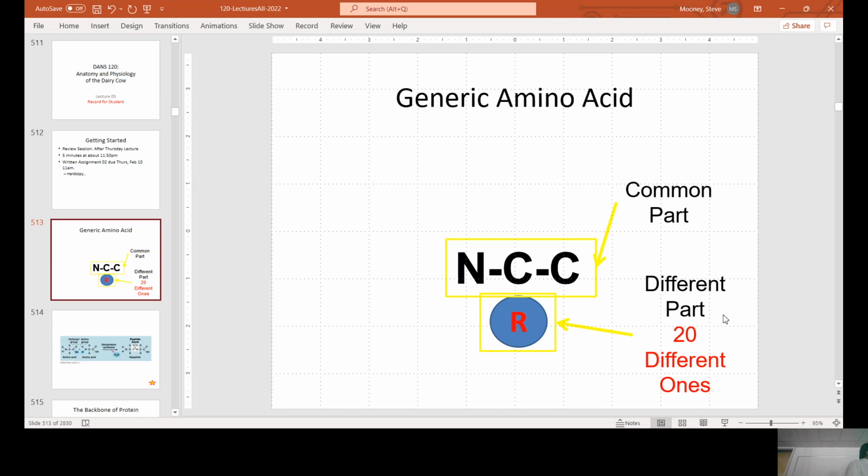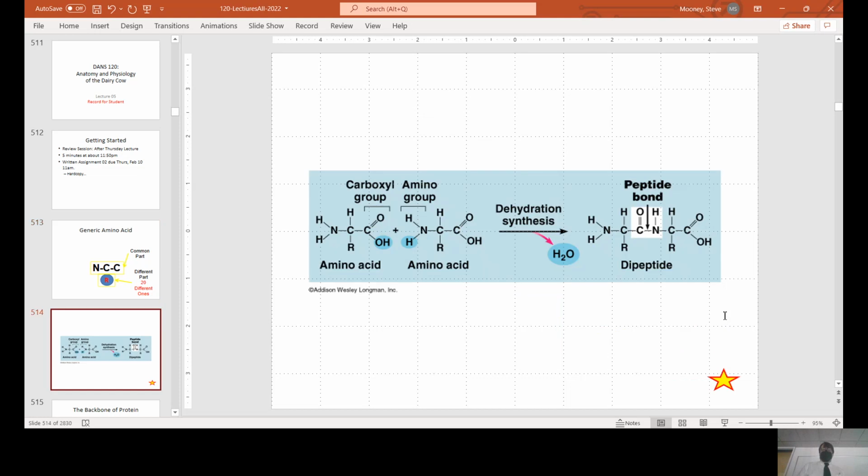That R group gives the amino acid its character. Does the amino acid like water or not like water? Can it be reactive? Its chemistry will determine how it acts within a protein, within that chain of amino acids.